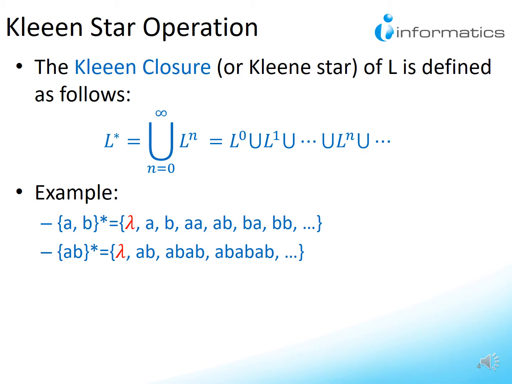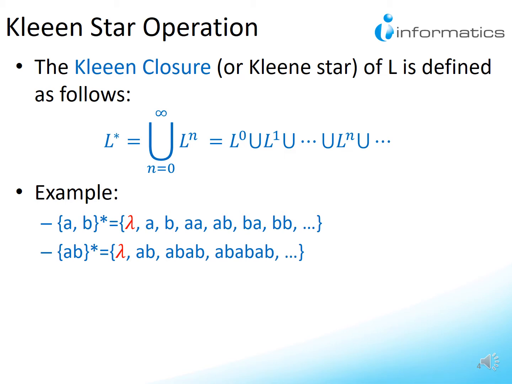In particular, if L is {A, B}, then {A, B} star will consist of all the strings over A, B, including the empty string lambda.